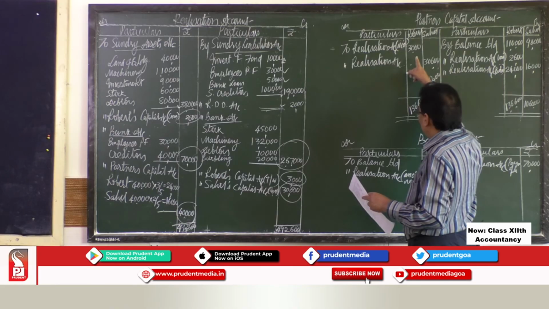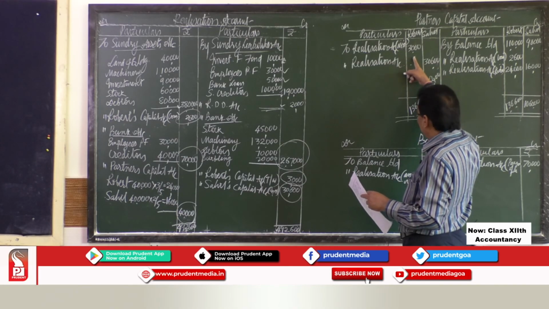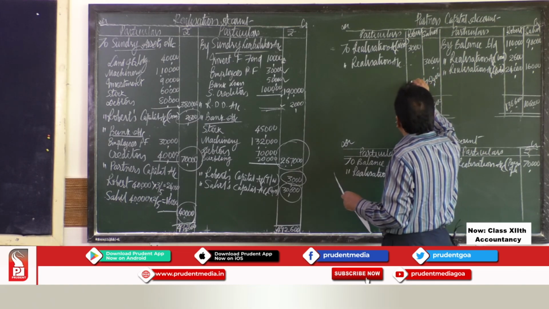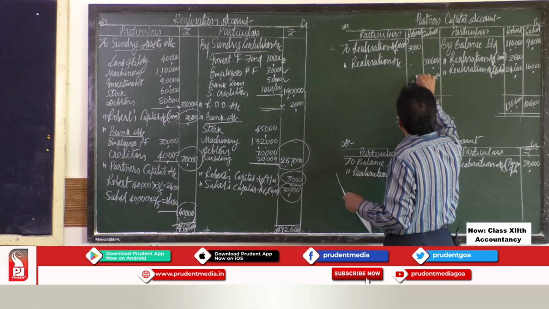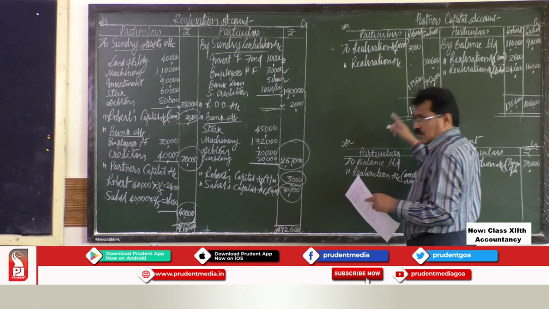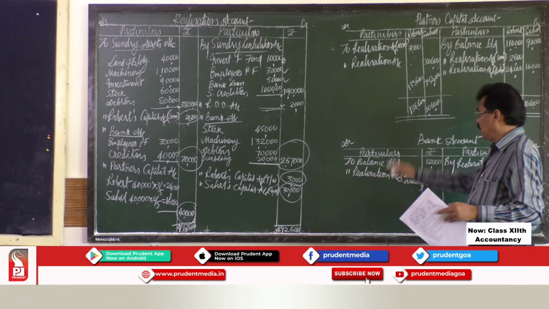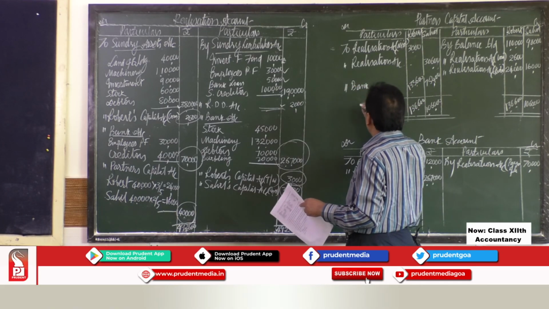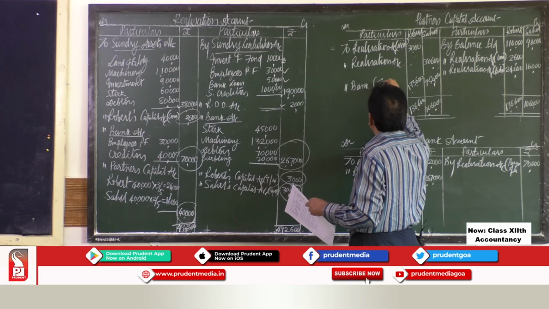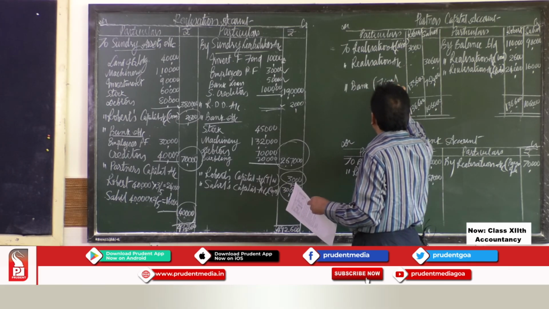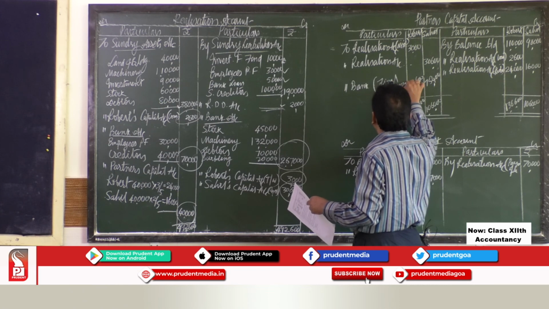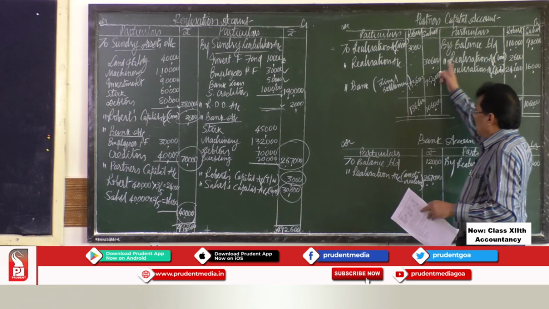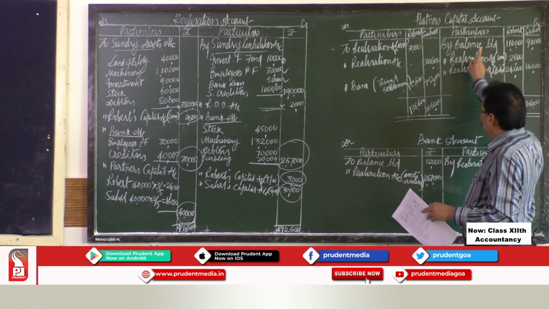Out of this, you have to recover 3,000 from him. So still you have to pay him 1,33,600. Since the firm is closed, you cannot write carry down, you have to pay this money in final settlement. This is payment made in final settlement of the balance. Okay. Now partner's capital account is also closed.